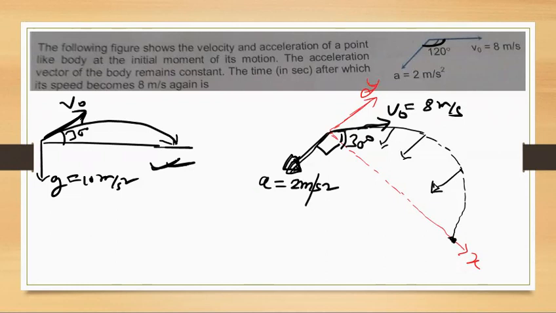Okay, time of flight definition is what? Time of flight is 2u sin theta by g.